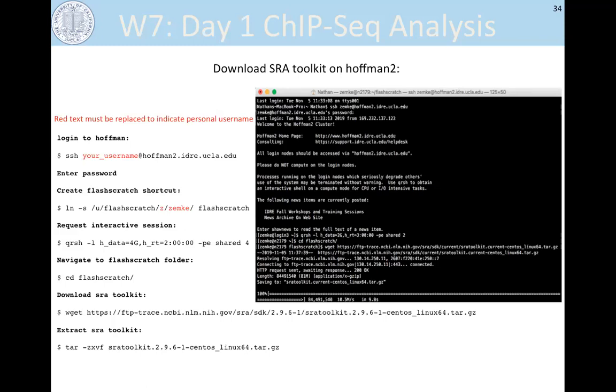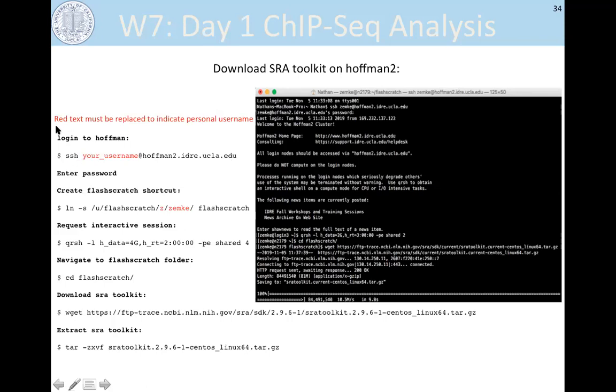So I tried to make it so you can directly copy and paste the commands from the PDF I emailed from the slides. If you want practice typing them out, that's great. If you want to copy and paste them, that's fine too, whatever you want to do.